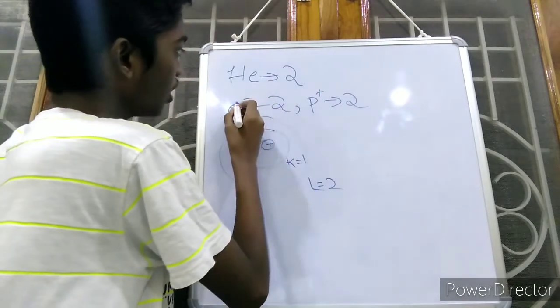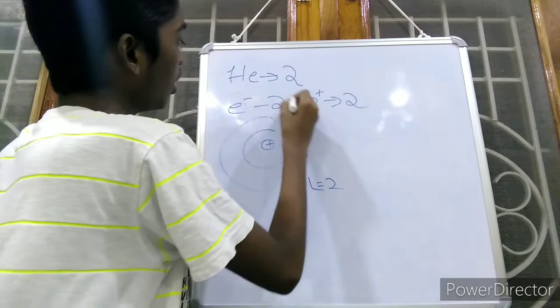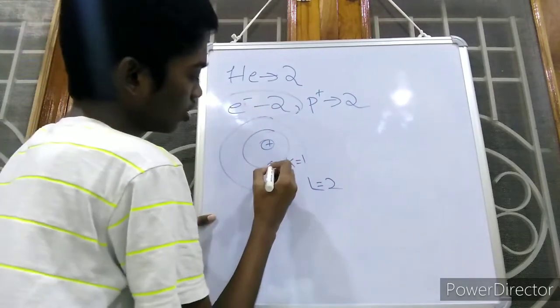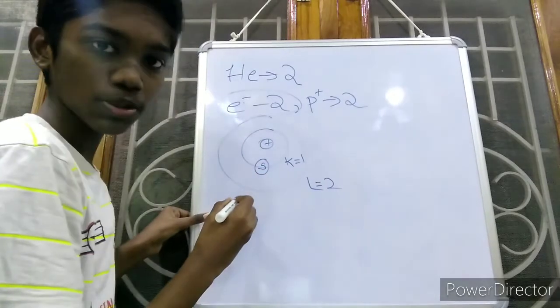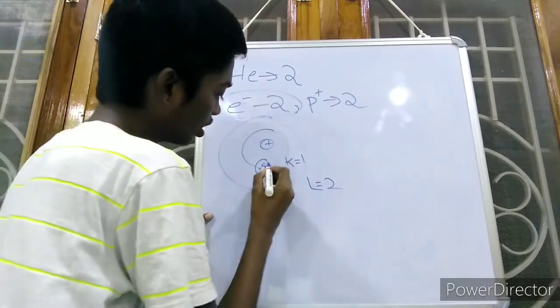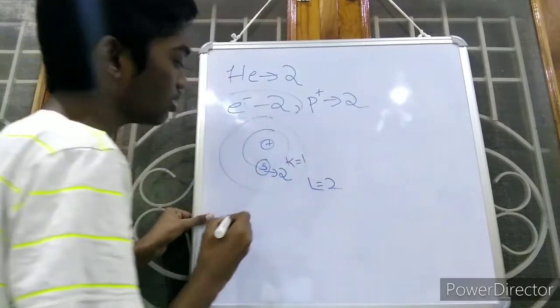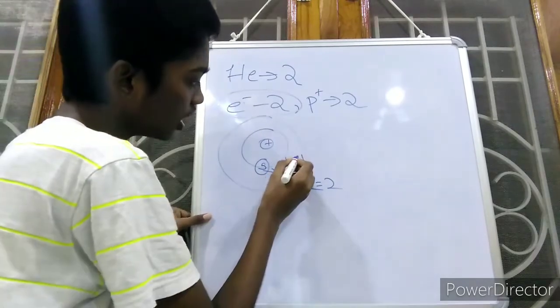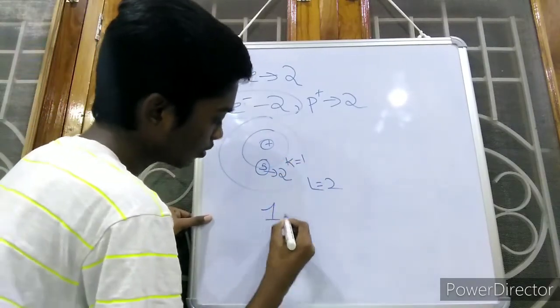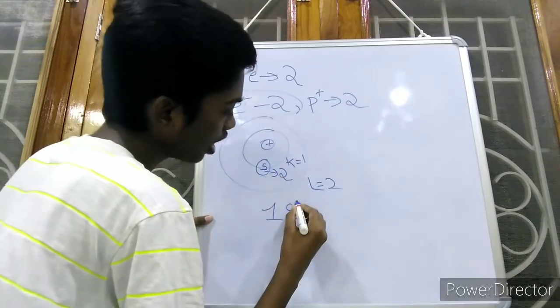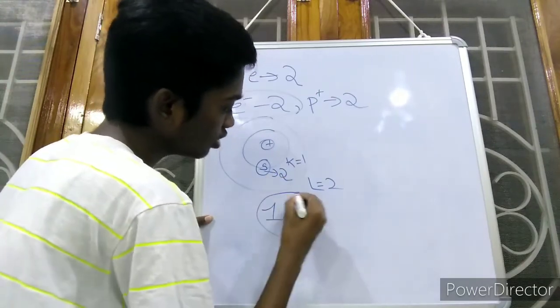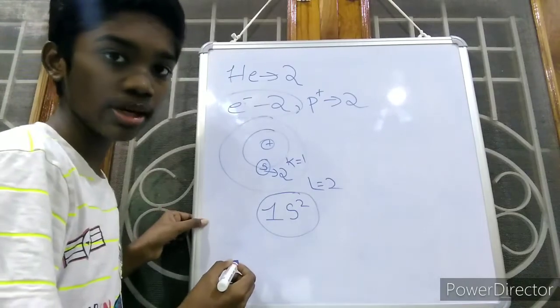Now here we have 2 electrons, so we have to take the first subshell s. The capacity of subshell s for holding electrons is 2, so here 2 electrons are to be filled. The K shell is the first shell, we are taking subshell s, and the total number of electrons is 2. So 1s2 is the electronic configuration of the element helium.